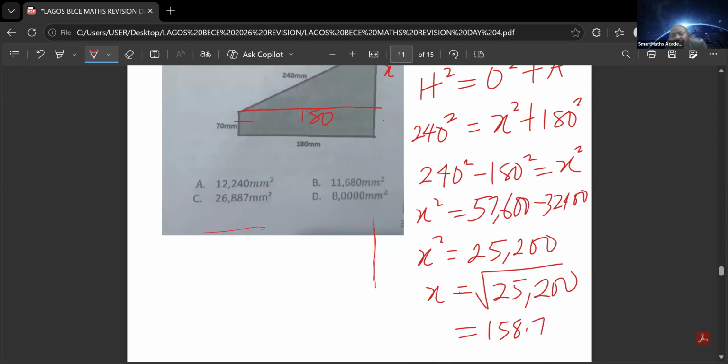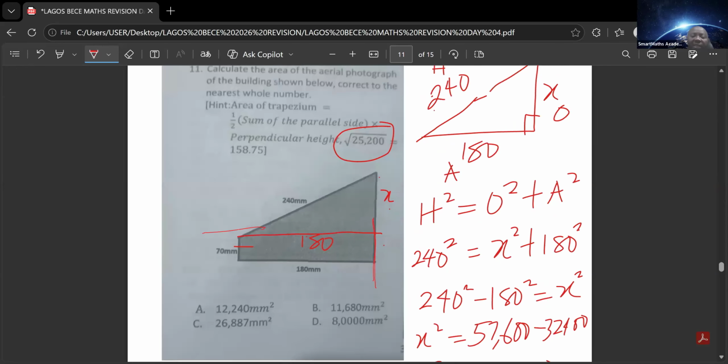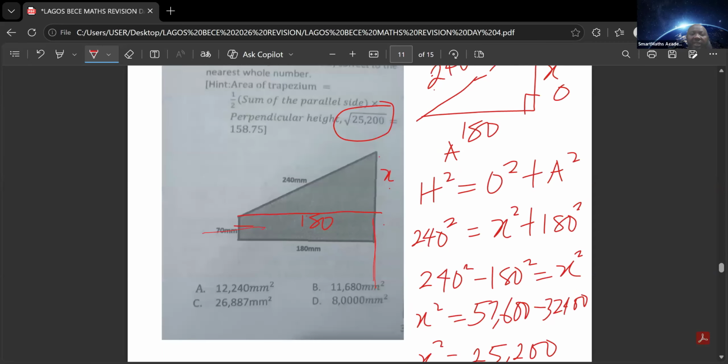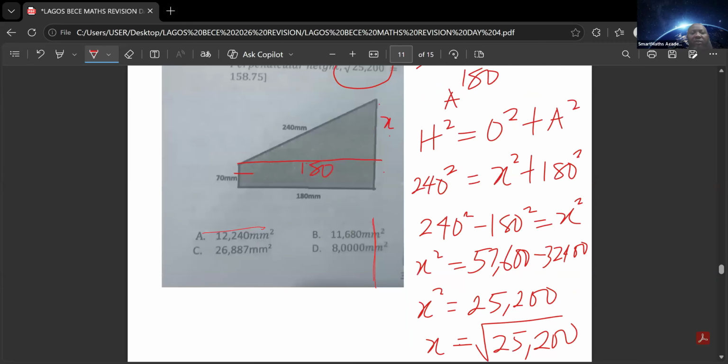Since we now know that, for us to get the whole of that side, it should be 158.75 plus 70. That gives 228.75, so this side is going to be 228.75.